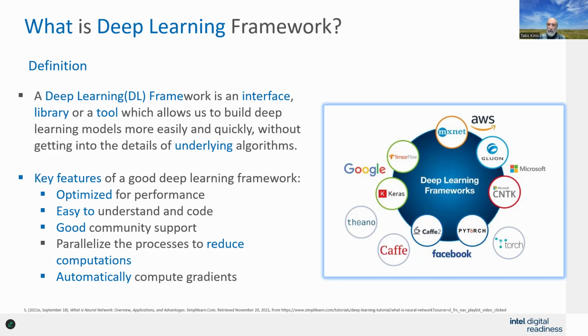Now, notice they have here a bunch of different libraries listed on the screen, some of which we haven't really used yet, but we may have talked about some of these. You'll notice there's TensorFlow and Keras and Theano and Caffe and Caffe2 and PyTorch and Torch and CNTK and Gluon and MXNet.